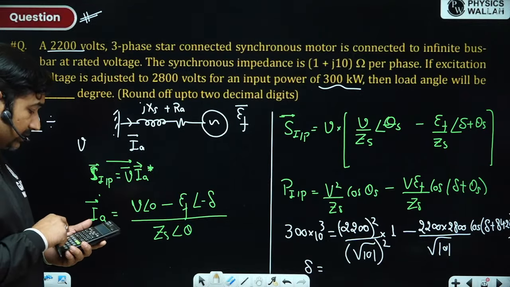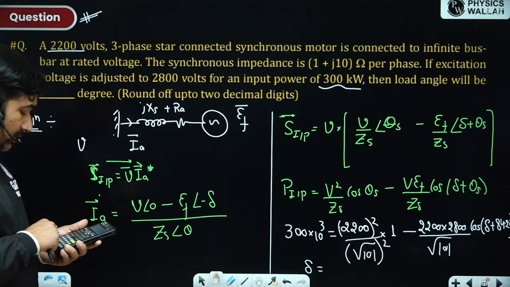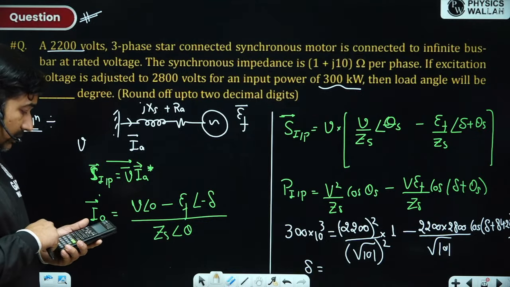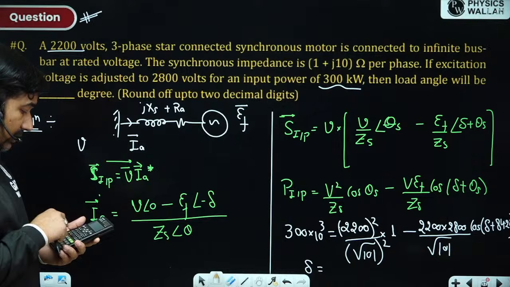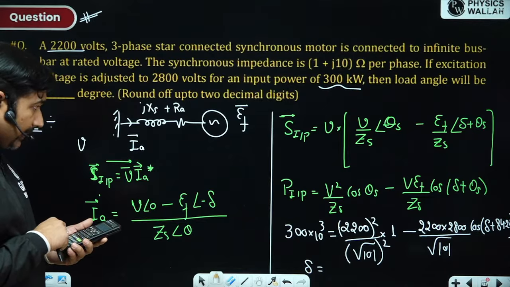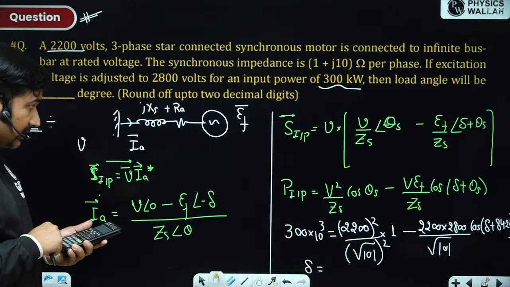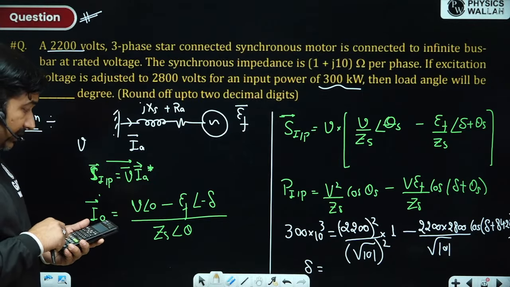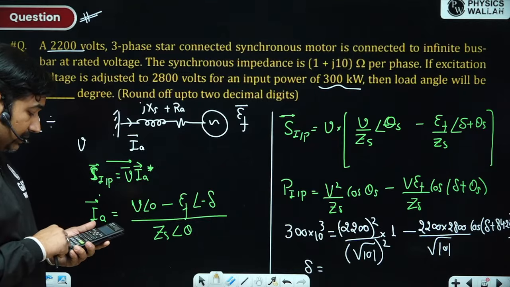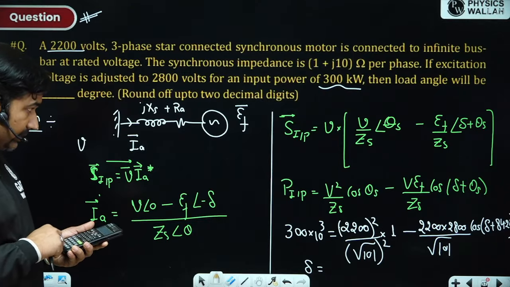So minus of 2200 square by root 101, minus of answer negative, divided by 2200 into 2800.